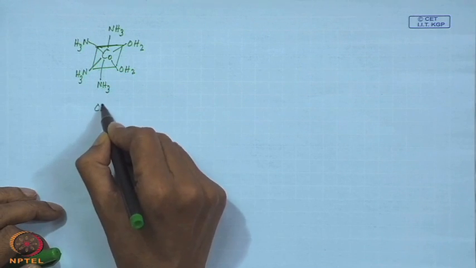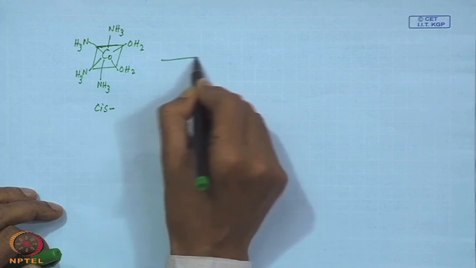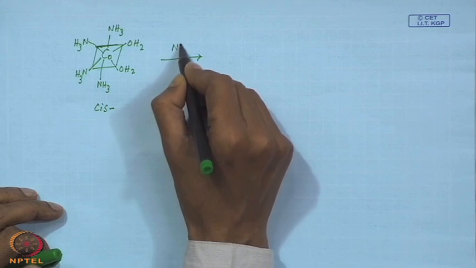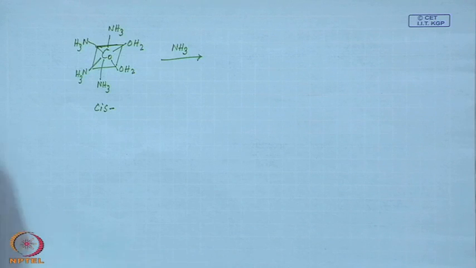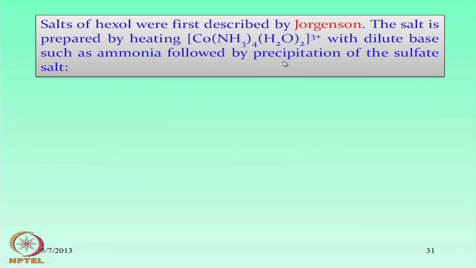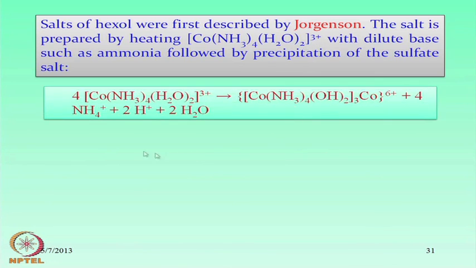So, if we take the cis compound and heat it with ammonia, then what happens? The compound we get can be precipitated as its sulfate salt, because if it is cationic we need some anions to get it precipitated.